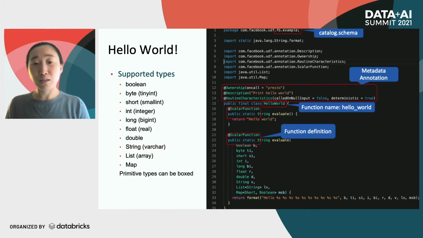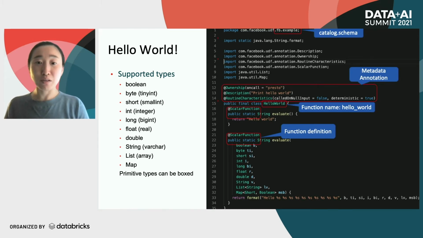How we treat the types is that we allow users to develop functions using native Java types, and we have a mapping between the Java types and the SQL types. Here you can see we have Booleans and numerical types, then string or varchar, and then the collection types of array and map.